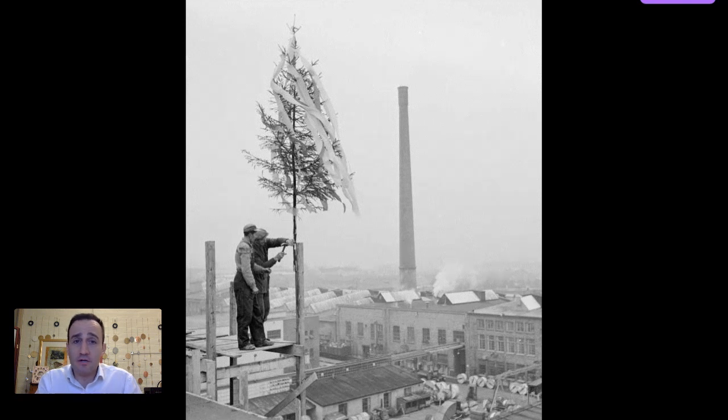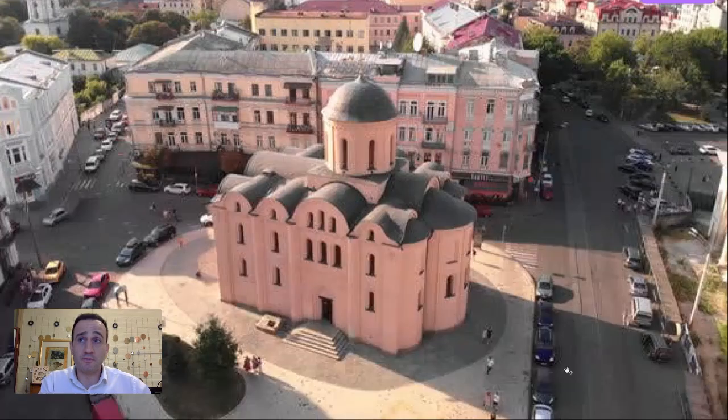So, an interesting cultural practice that actually says a lot about a construction material that is going to get used a lot.